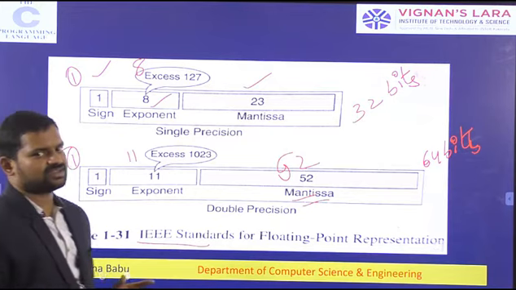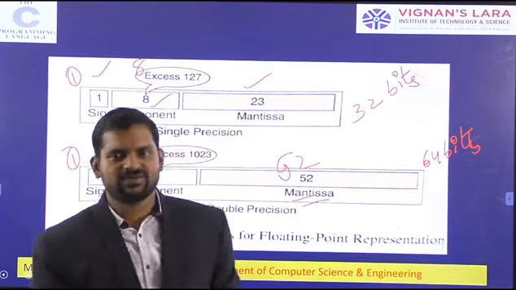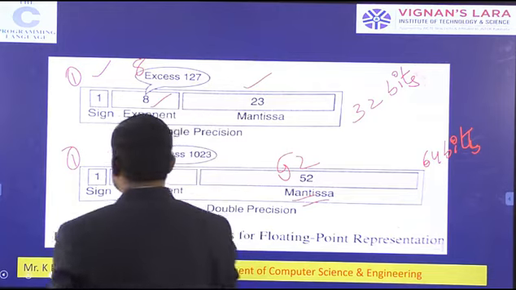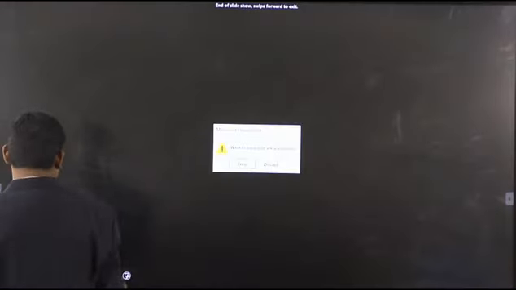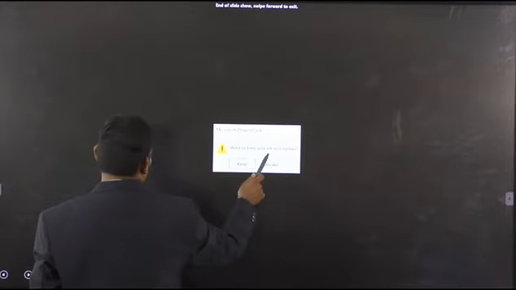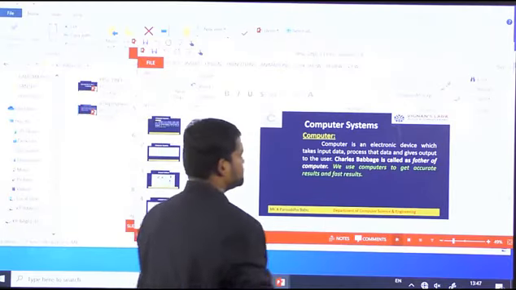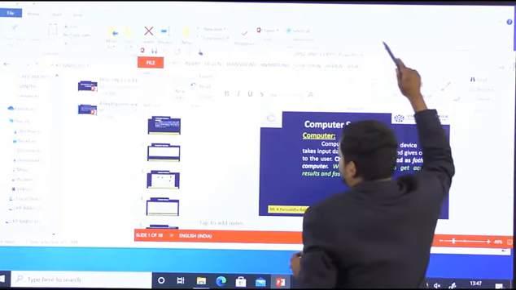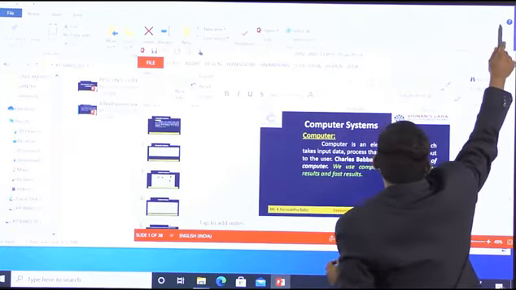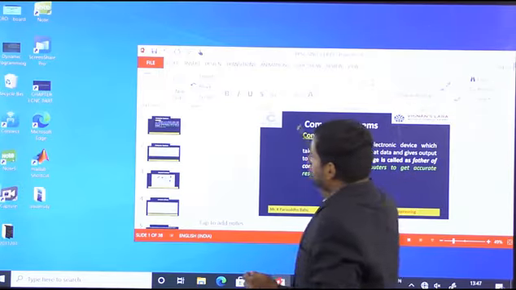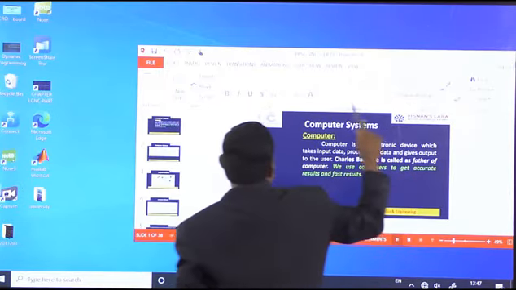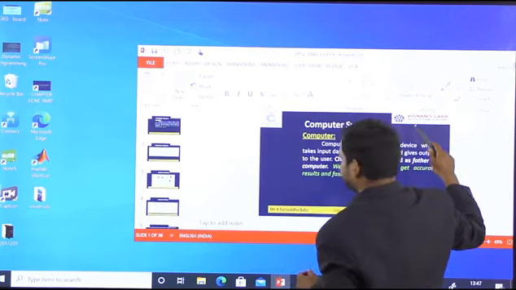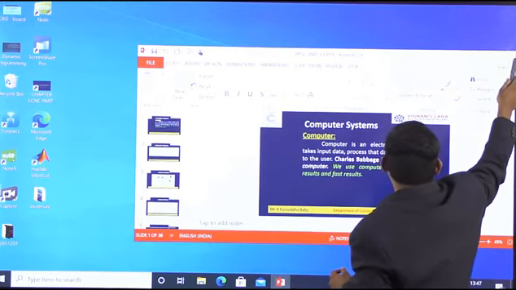Sign, exponent and mantissa are stored in the IEEE standard for storing real numbers. Storing real numbers is different from storing positive numbers.